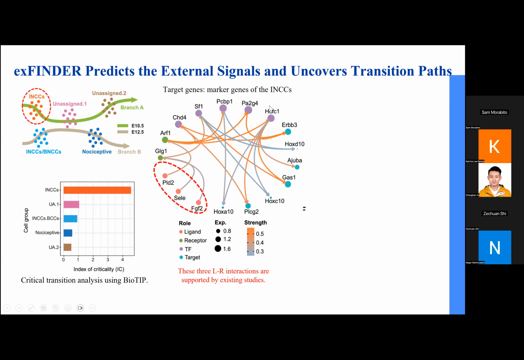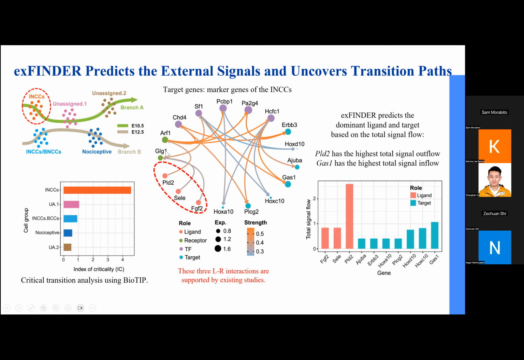The target genes are these blue dots, and Expounder found that there are three possible external signals that can activate the marker genes of the late NC cells. And interestingly, all three ligands correspond to three ligand-receptor interactions, and all three are supported by existing studies.